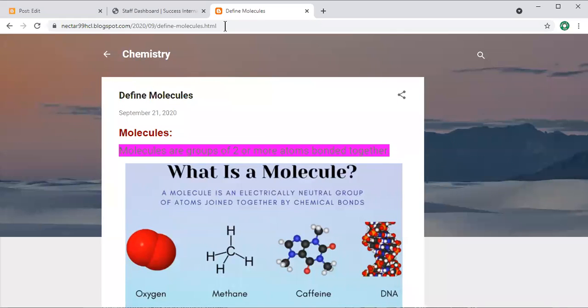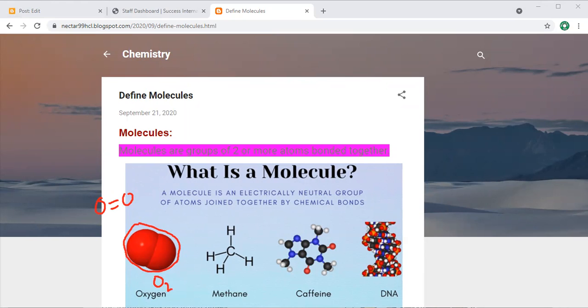Thanks, my dear. Now, here you can see other examples. The first one in front of you is the molecule of oxygen. How is that formed? 2 atoms of oxygen join and form the O2 molecule.